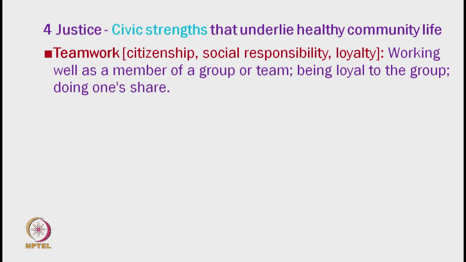Fourth virtue is justice, civic strengths that underlie healthy community life. In this category, the first character strength is teamwork, where citizenship, social responsibility, loyalty are the characteristics of teamwork. Working well as a member of a group or team, being loyal to the group.